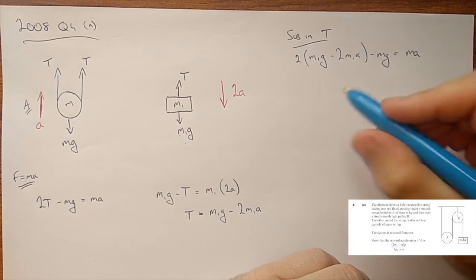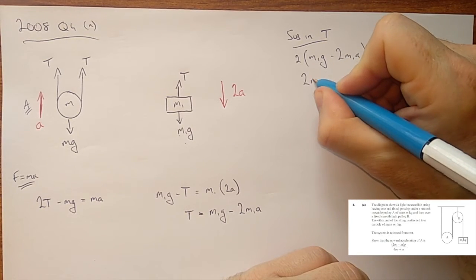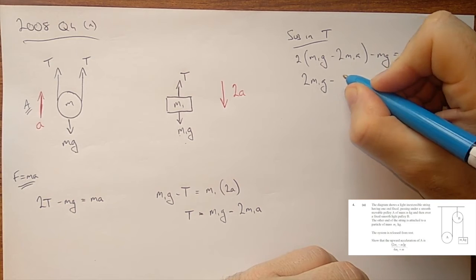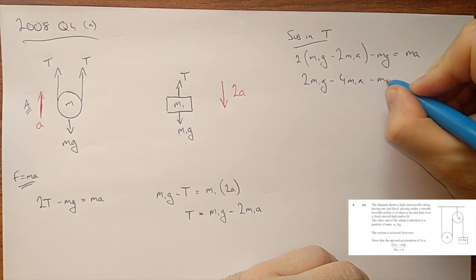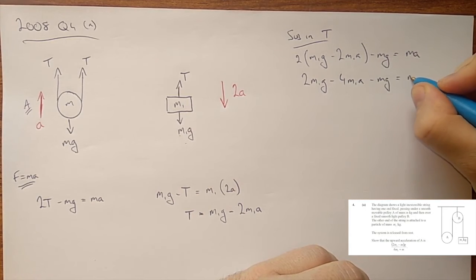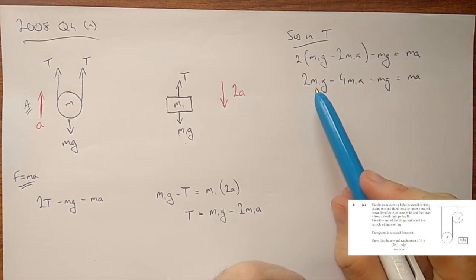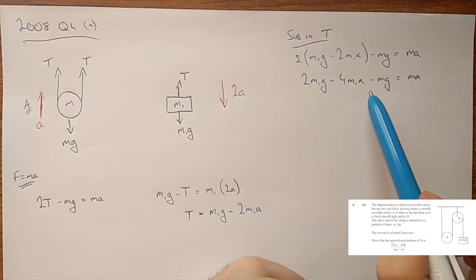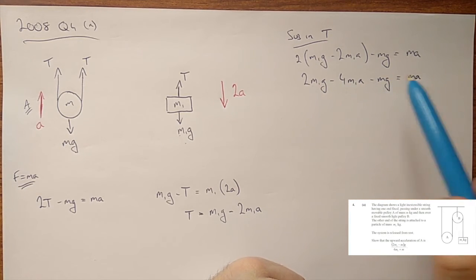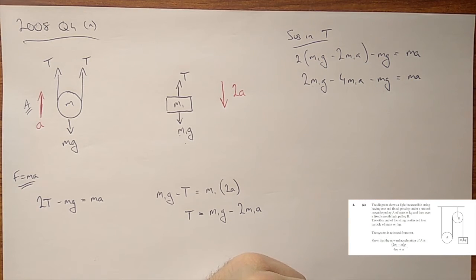A little bit of housekeeping before we go any further: 2m1g minus 4m1a minus mg equals ma. None of these terms are actually the same, because we have m1s and g's here, m1s and a's, m's and g's, so these are all separate. I can't add or subtract anything.